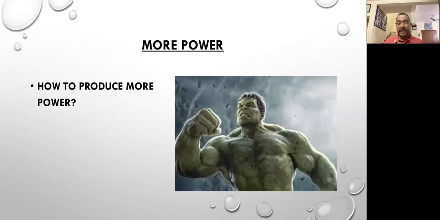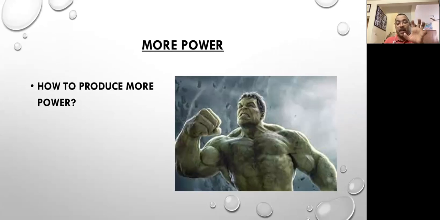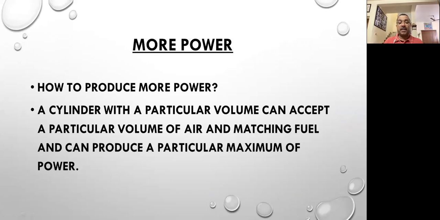A scooter needs less power, and when we reach a ship, it must generate a great amount of power. So how can we produce more power in a diesel engine? This is our problem. How to produce more power?